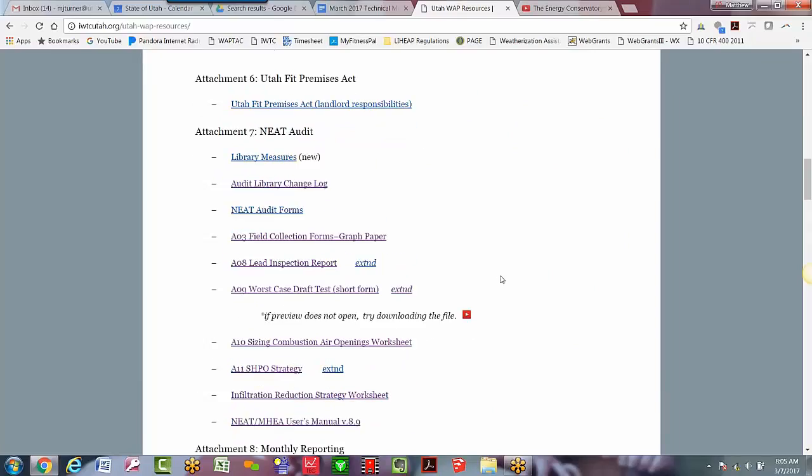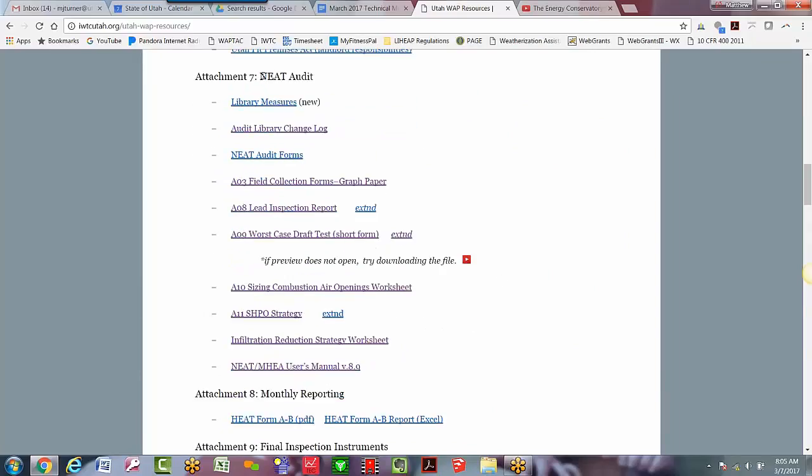I've been putting all the audit resources under attachment 7 for the NEAT audit, and if it's one of the required forms or sections, I've numbered it appropriately. So in the audit file, section A10 is your combustion analysis.